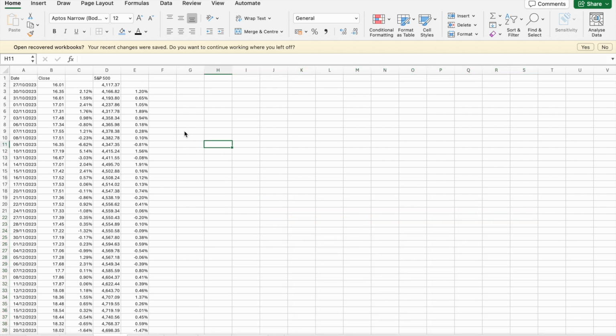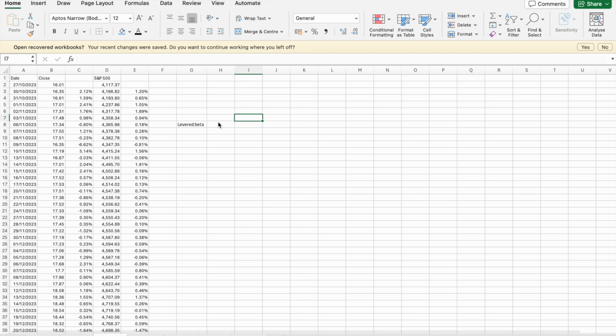Now for the Sony company, levered beta, same we are going to run the regression. Regression is something which will give you the slope, how the market reacts.